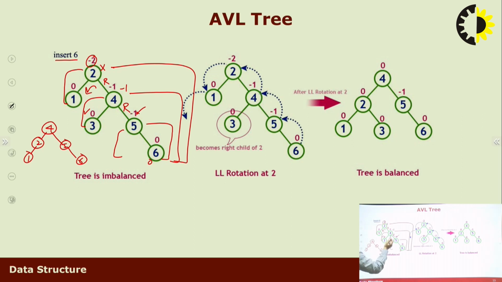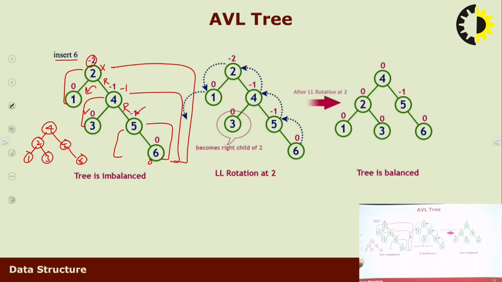Because we are making 4 the root node, 3 will become disconnected from this node. Now, according to the binary search tree property, 3 will be the right child of 2. Because according to the binary search tree property, at each node, its value should be greater than the left side values and less than the right side values.